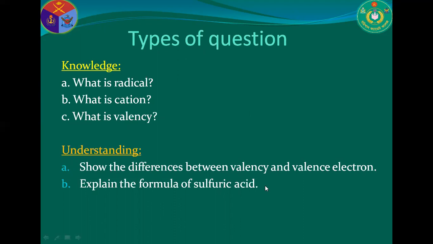The charge of the sulfate ion is -2, and for hydrogen it is 1. So the valency of the sulfate ion is 2 and the valency of hydrogen is 1. So we need to maintain a ratio of 2:1 to neutralize the valency and charge of the ions. So this is the chemical formula of sulfuric acid, H2SO4.